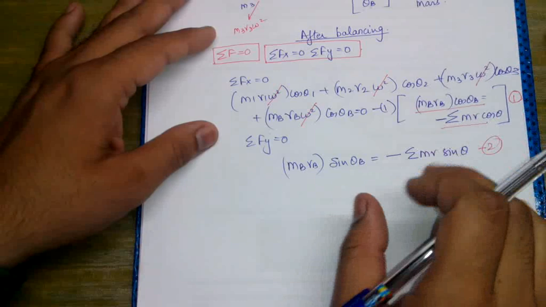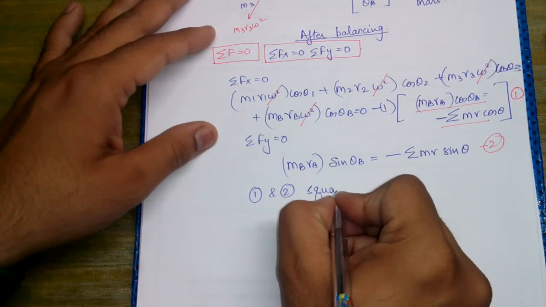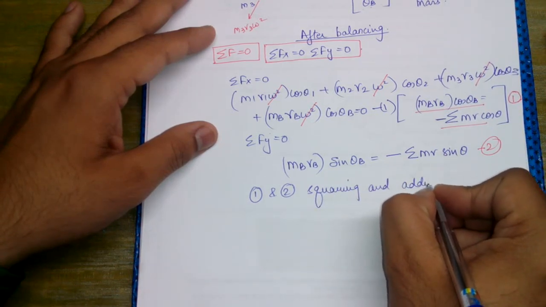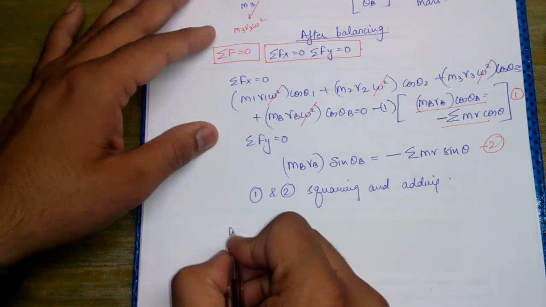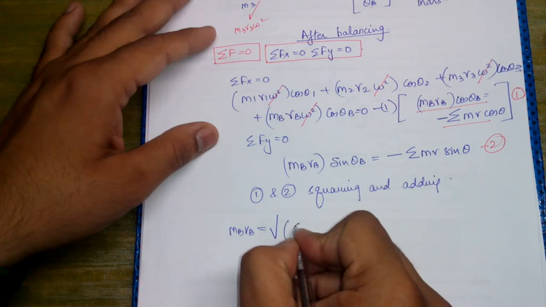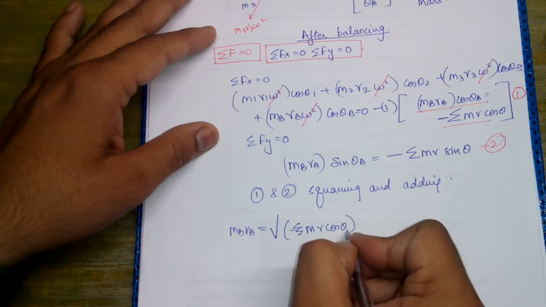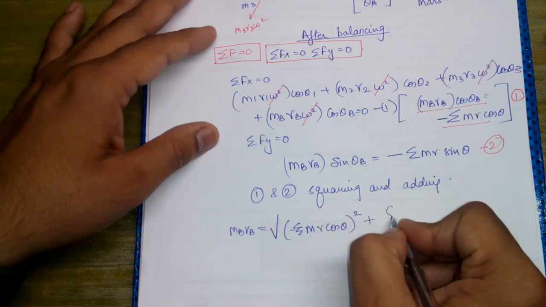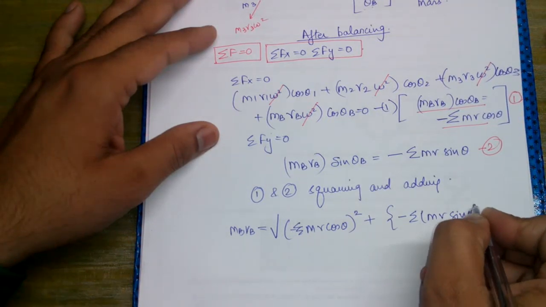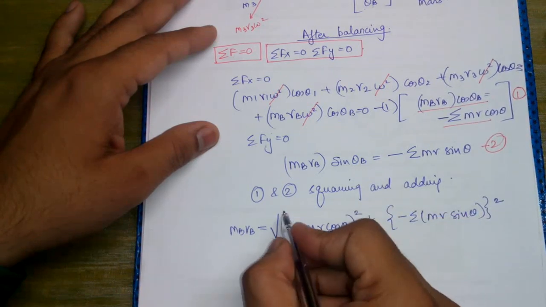What we will do is square and add equation number 1 and 2. If we square and add, we will obtain mb rb is equal to under root of minus summation mr cos theta whole square plus minus summation mr sin theta whole square.